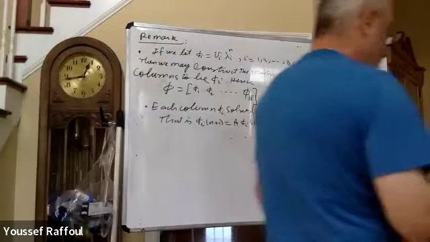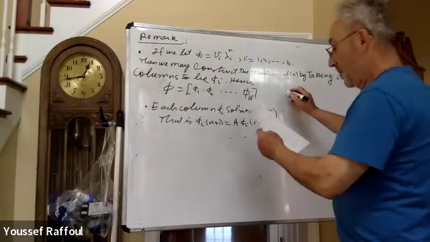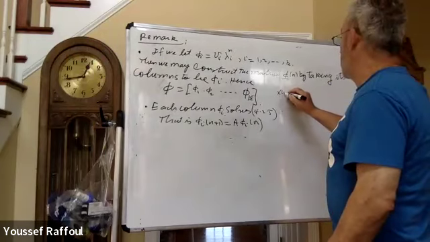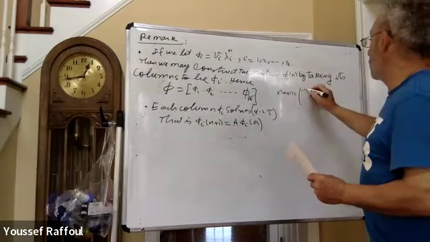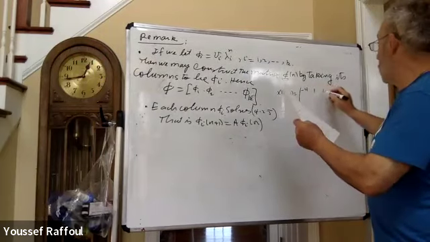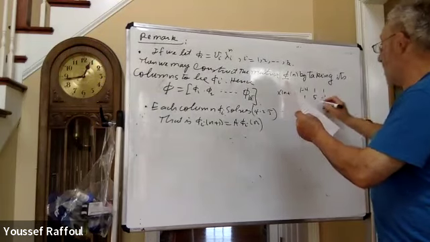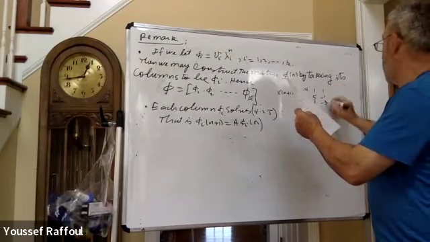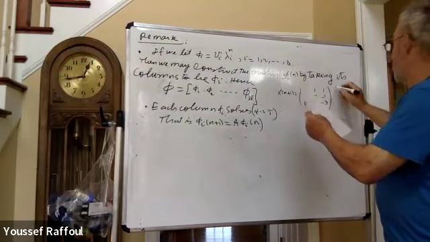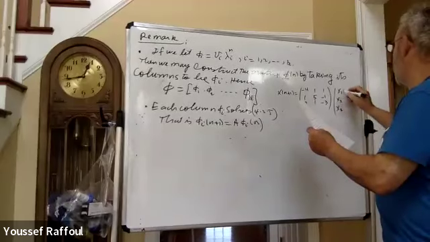Let me take a look at an example and see how far I can go. Let x_{n+1} equal the matrix with rows (minus 4, 1, 1), (1, 5, minus 1), (0, 1, minus 3) times x1, x2, x3 of n.